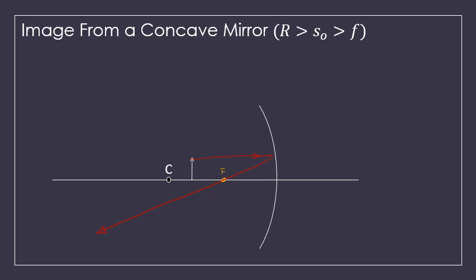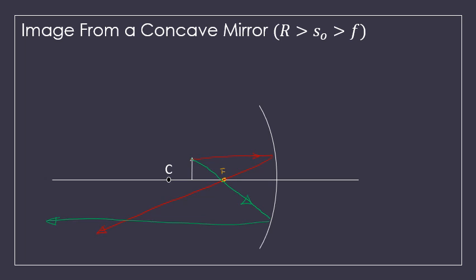So I've got my incident ray and my reflected ray. The next ray I'm going to draw is the focal ray. The focal ray goes through the focal point and then is reflected parallel to the principal axis. Again, you're seeing my squiggly lines. I know you are using a ruler, so you get a nice image here.